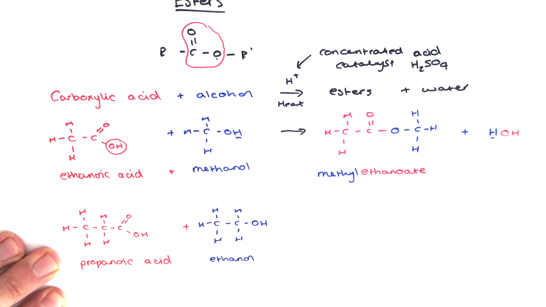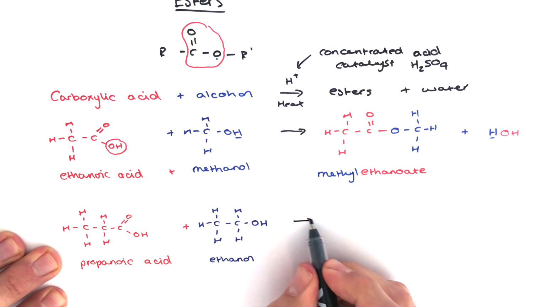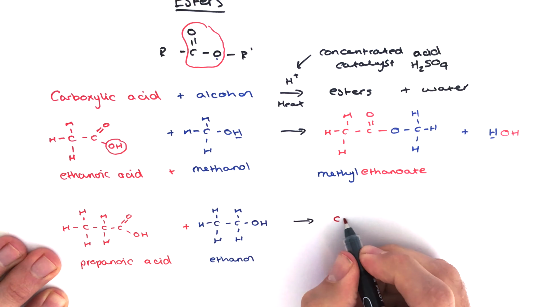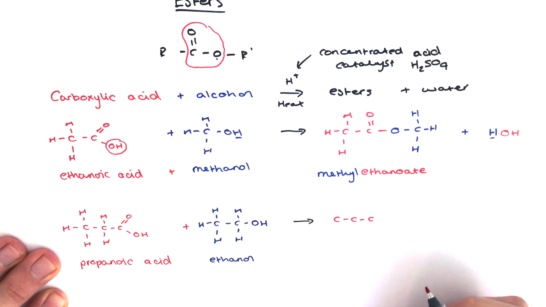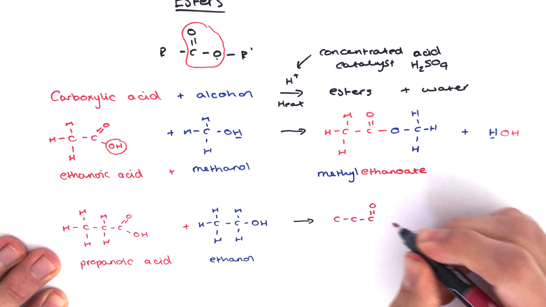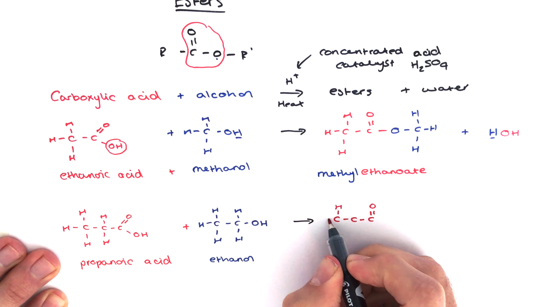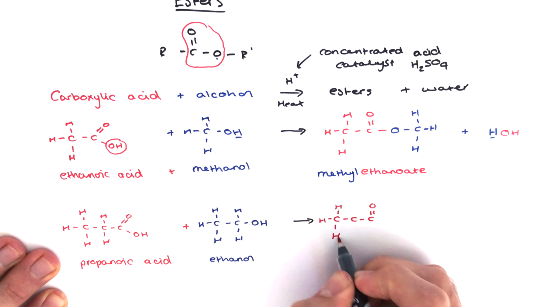And then our ester is going to form. Using the colours again, we can see where all the key parts come from in our ester. So the first part of our ester comes from our carboxylic acid. 1, 2, 3 carbons in the chain. This oxygen here remains, the double bonded oxygen. These hydrogens are all still here as well.